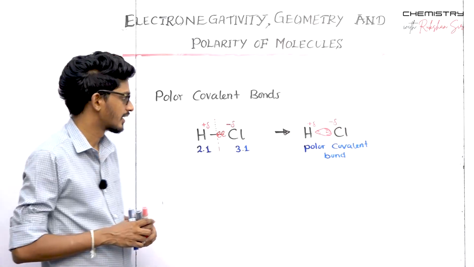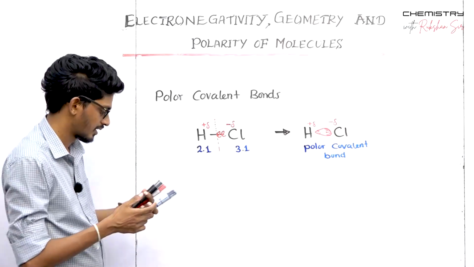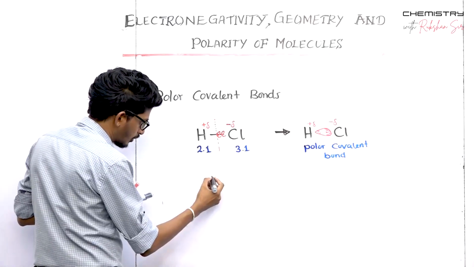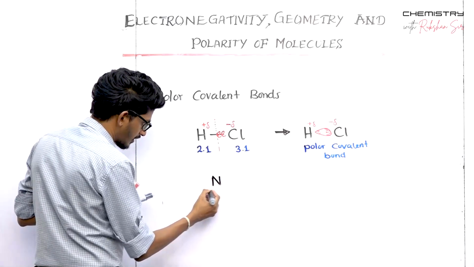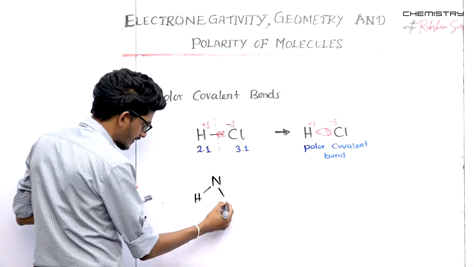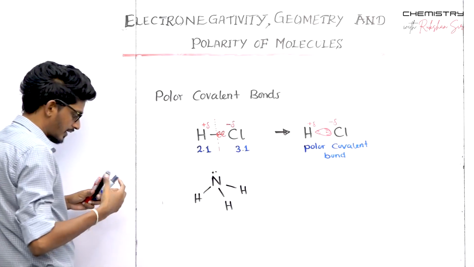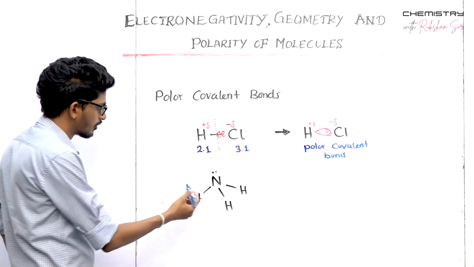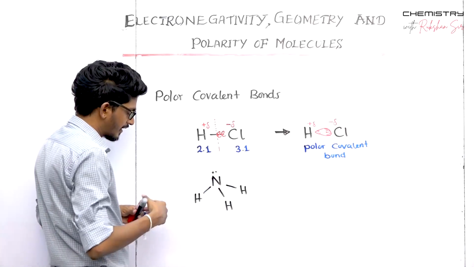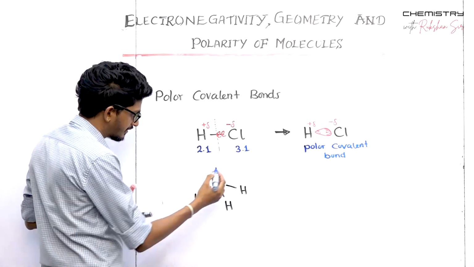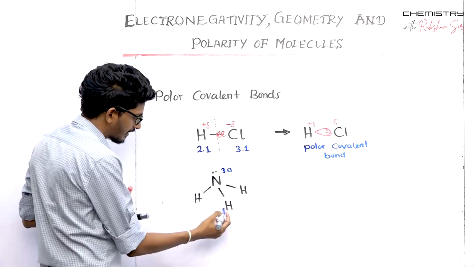Let's come up with some other examples. With NH3 also you will see such polar covalent bonds. See, this is an NH3 molecule. The electrons are more towards the nitrogen in this case, because nitrogen has a greater electronegativity than the hydrogens.